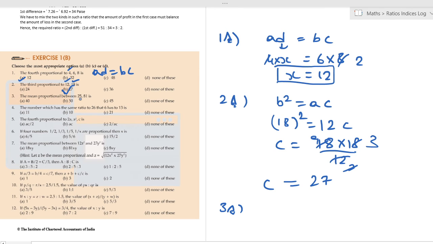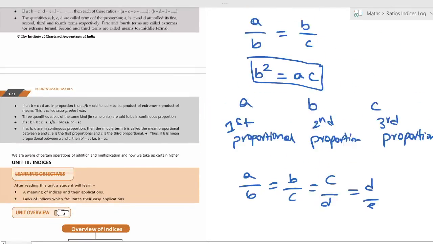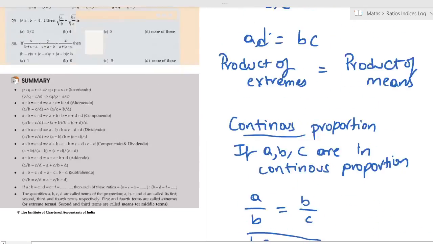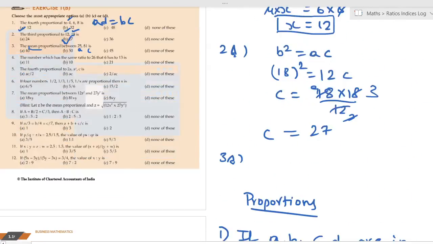Next, third one, the mean proportional of 25 and 81. They have given A and C here because they are asking us the mean, which is nothing but the middle term. In case of B square is equal to AC, this is also called mean proportional. So we need to find B, using the B square is equal to AC formula.